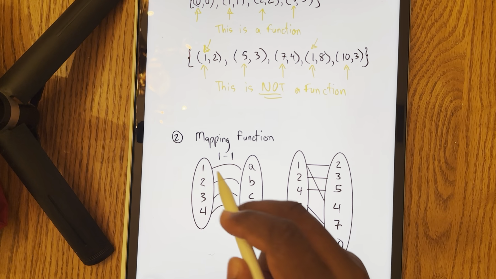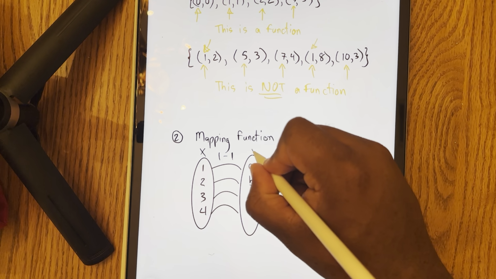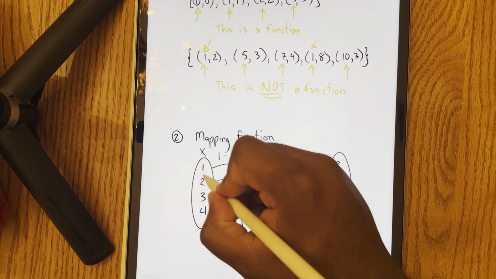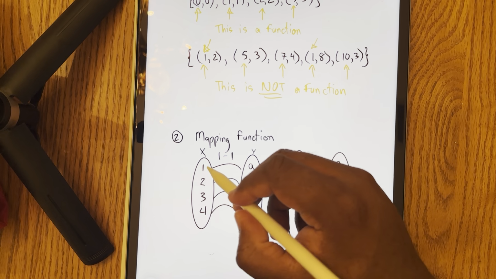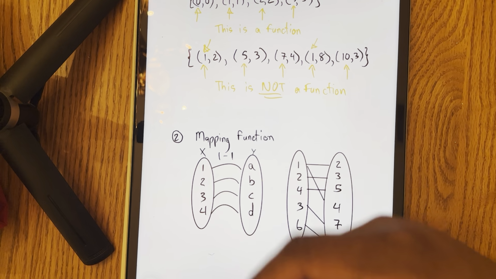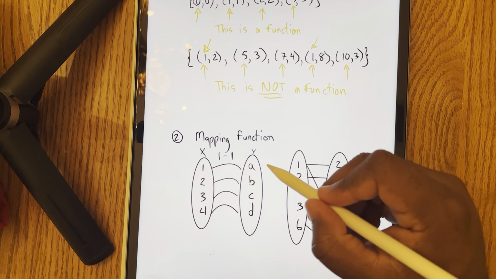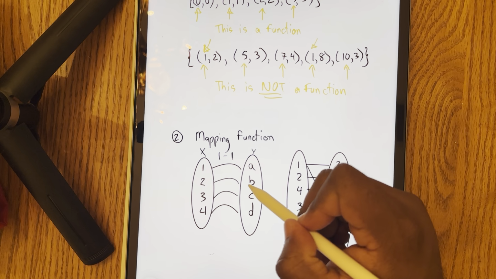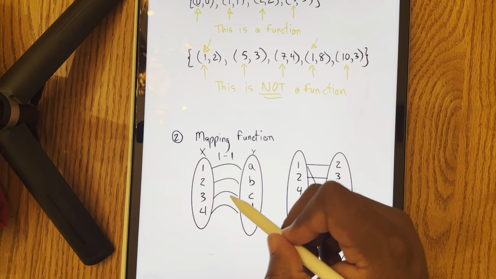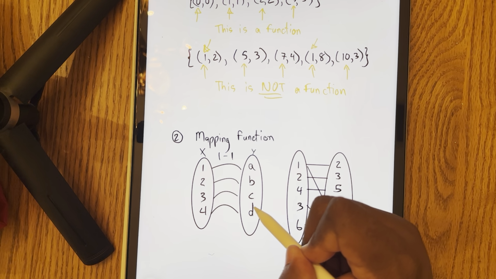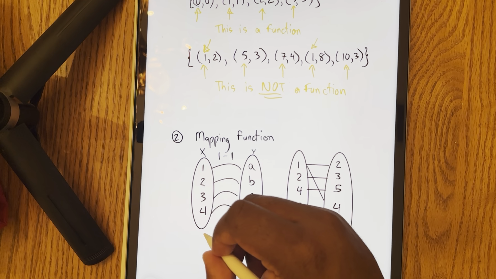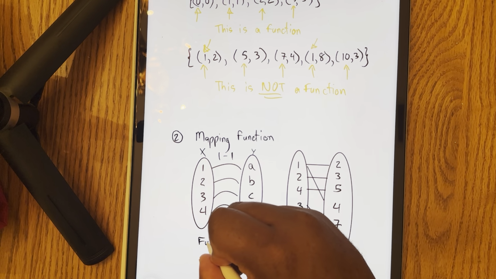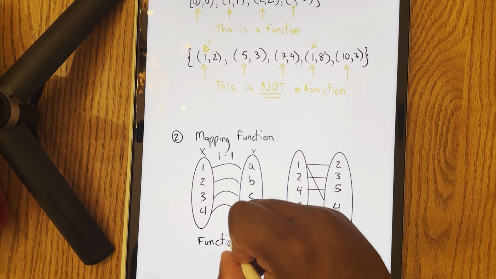Notice, if this is your x and this is your y, so this is your input and this is your output, all of your x values uniquely go to an output or y value. 1 goes to A, 2 goes to B, 3 goes to C, and 4 goes to D. So in this situation, we can confidently say this is a function.